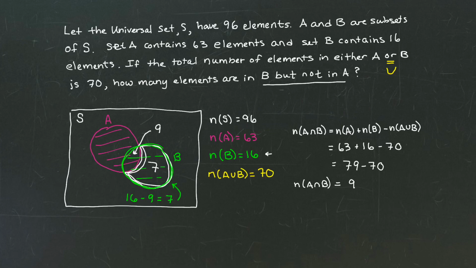We have a total of 7 elements that fall in B but not in A. And if I want to write it in notation, that would be the number of elements that fall in B intersecting A complement. So they're not in A.